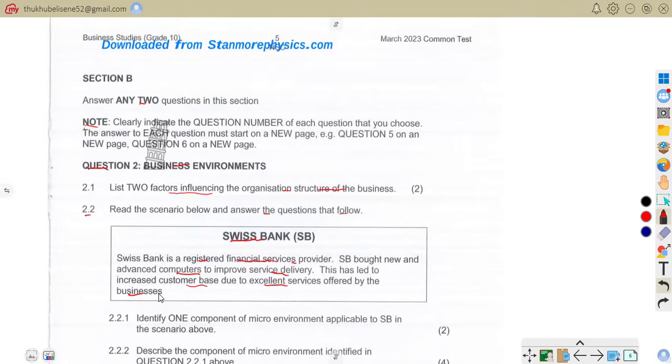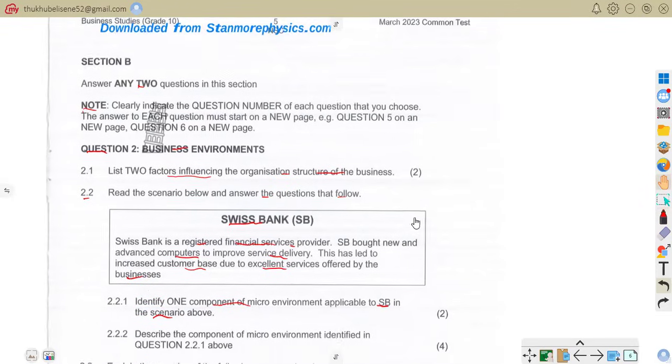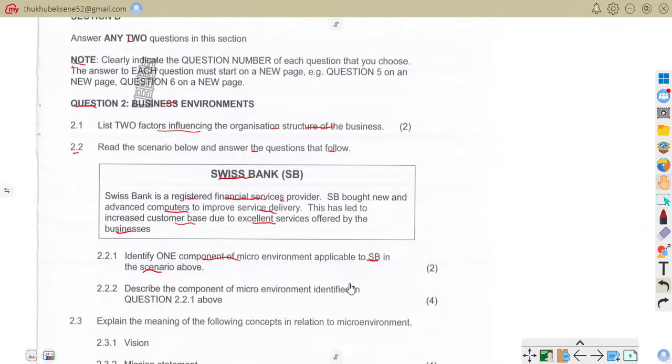2.2.1 says identify one component of microenvironment applicable to SB in the scenario. So you are to identify one component of microenvironment.